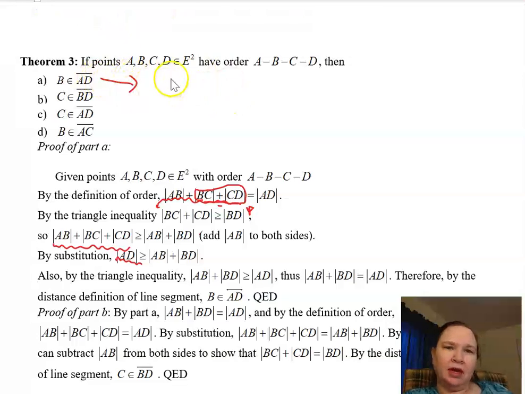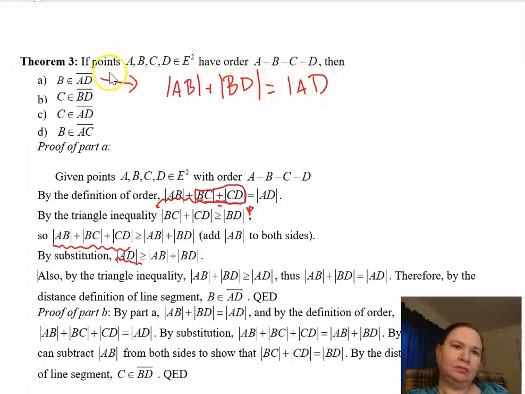And to do that, I have to prove that AB plus BD is equal to AD. So I have part of that. I have AB plus BD, and I've shown that it is less than or equal to AD. So I'm part way there.